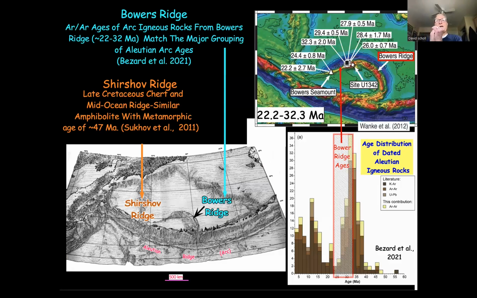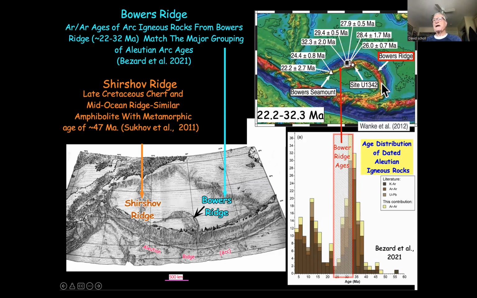So Bowers Ridge, interesting. What is this guy? It just comes out here. This is something that might be considered a remnant arc of some sort. Here's Shirshov Ridge. Bowers Ridge, we got good argon ages now. They've been dredged and also drilled from the arc, summarized in Bizarre at any rate. And here they are here.